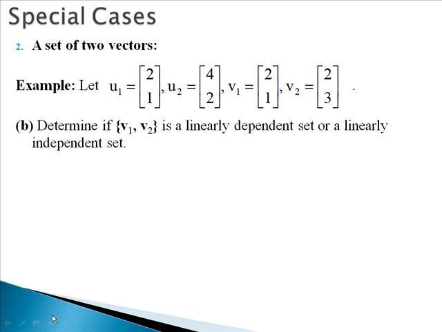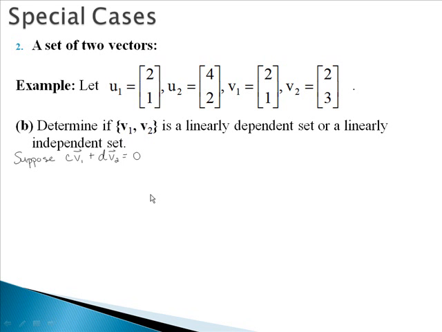Now let's look at the set containing our two vectors v1 and v2. We want to determine if it's linearly dependent or linearly independent. Just by looking, you can probably tell that v1 and v2 are not multiples of each other. So we're going to go through a semi-proof here.